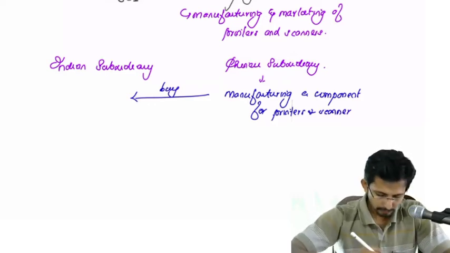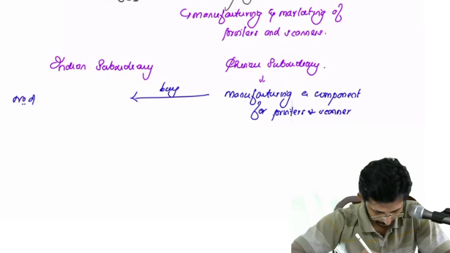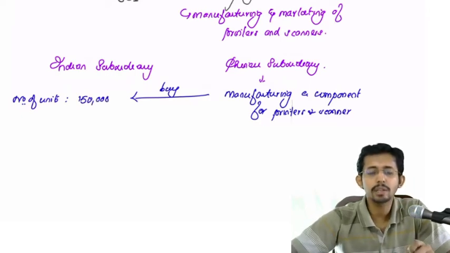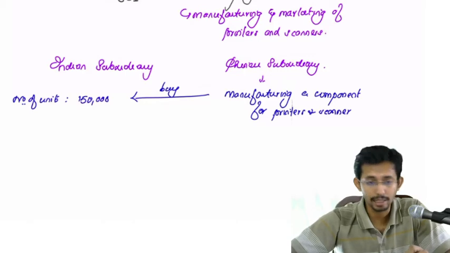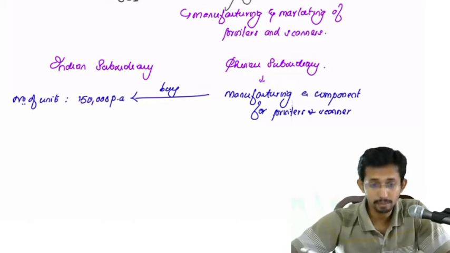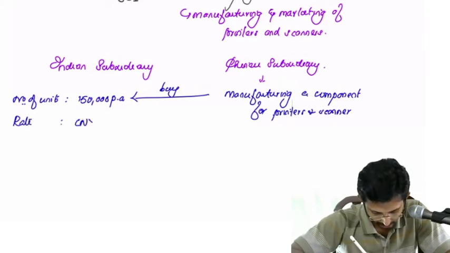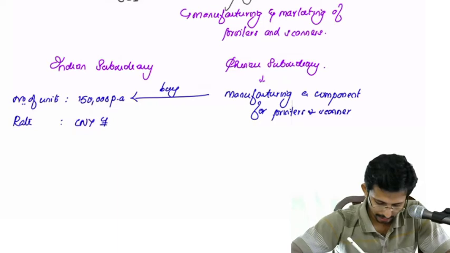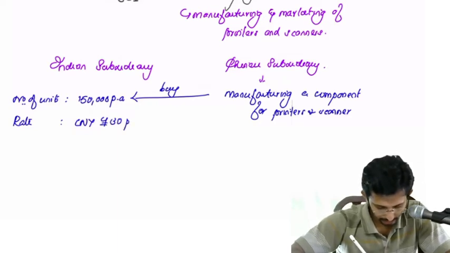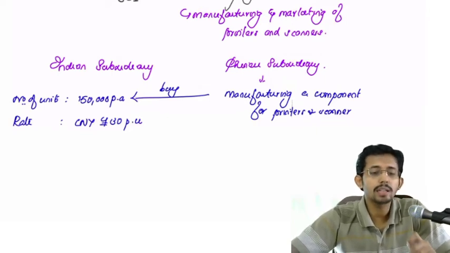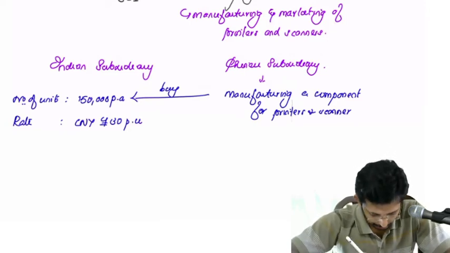The number of units required is 1,50,000. The Indian subsidiary buys 1,50,000 units of components per annum from its Chinese subsidiary at a rate of CNY, Chinese yuan, 30 per unit, and pays a total customs duty of 29.5% of the value of the components purchased.